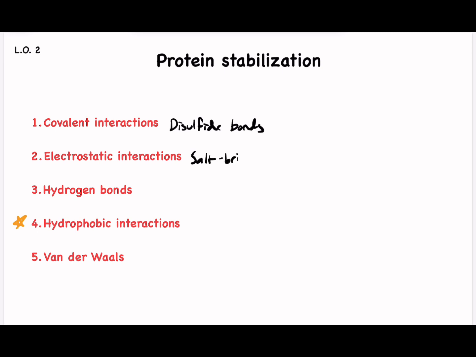So for example, interactions between a positively charged side chain and a negatively charged side chain. We also have hydrogen bonds, which can be in between the protein backbone in the case of alpha helices or beta sheets, or between side chains, which are those R groups, hydrophobic interactions, which we will go into later in this video, and then van der Waals interactions, which remember are individually weak, but because there are so many of them, become strong collectively.